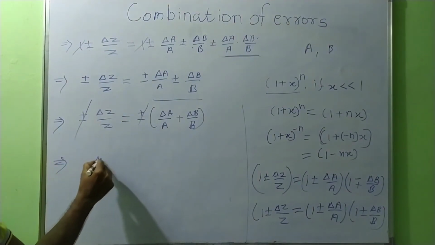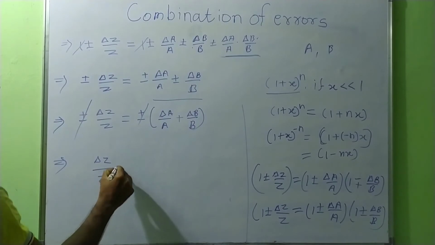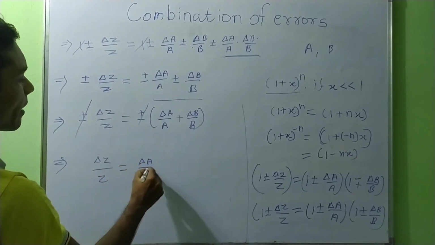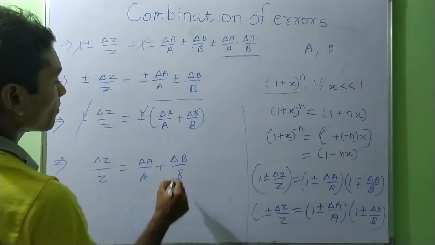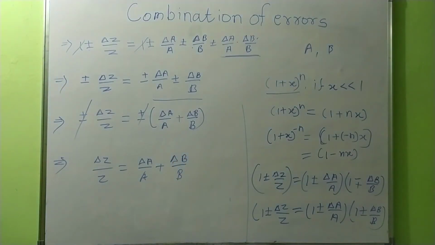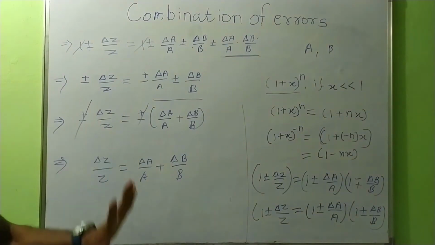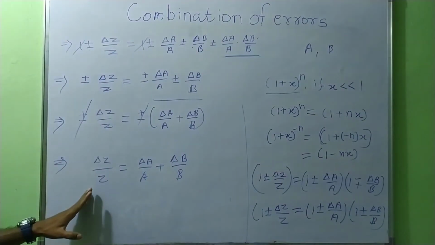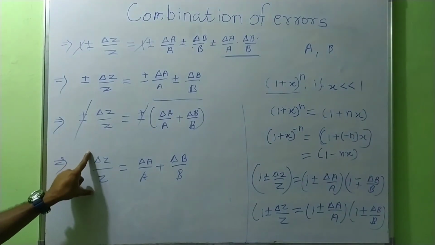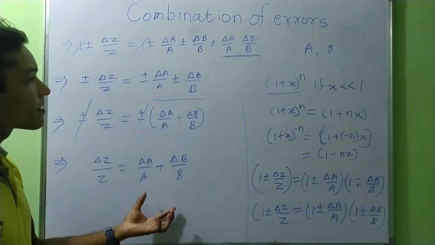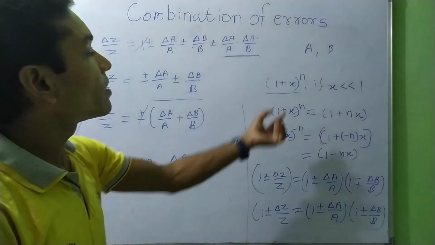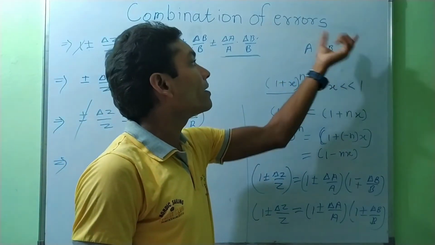So here Δz/z equals Δa/a plus Δb/b. Here, in the division of two physical quantities, the total relative error is equal to the sum of the relative errors in individual physical quantities A and B.